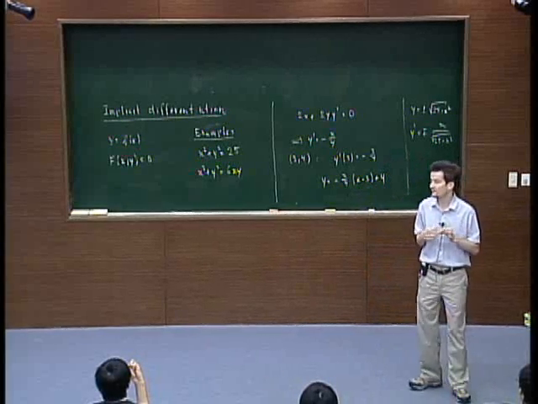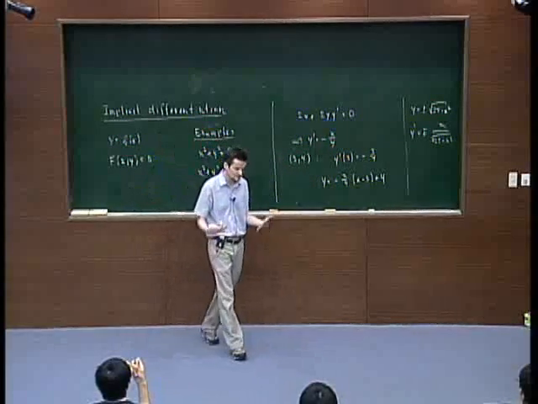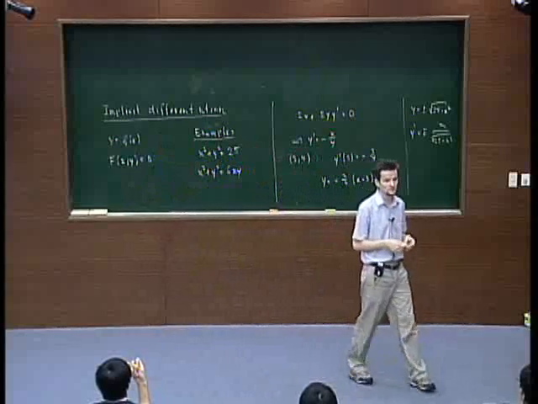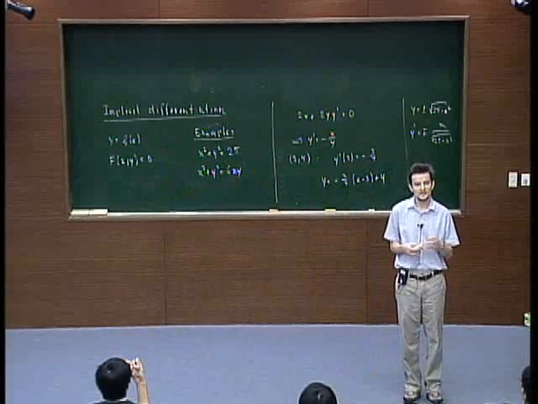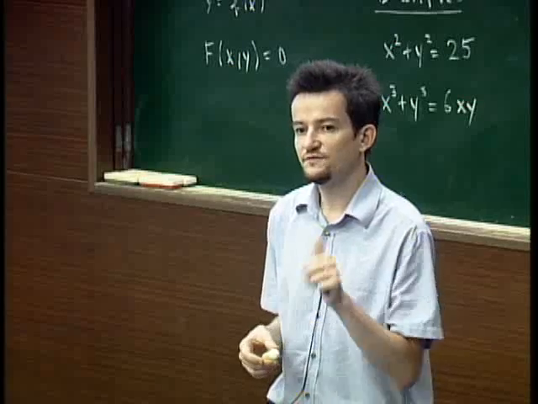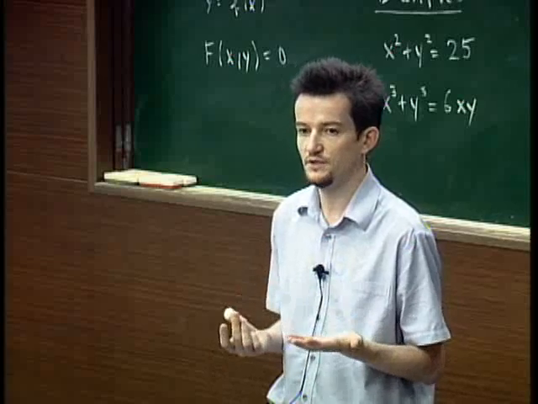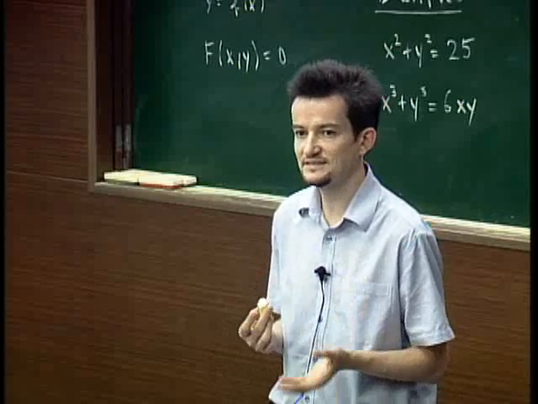Still, just by looking at this equation, you have to know under which assumptions there exists a function. Under which assumptions can you solve for y? This is the first thing. And the second thing is, under which assumptions is the resulting function differentiable? We are not going to discuss this here.